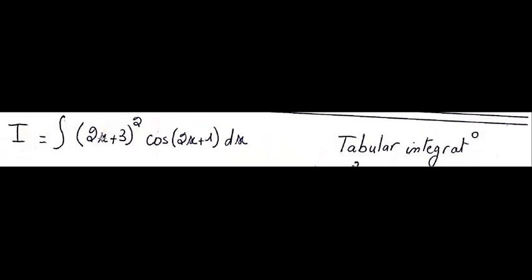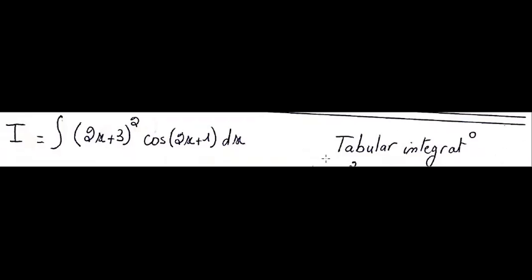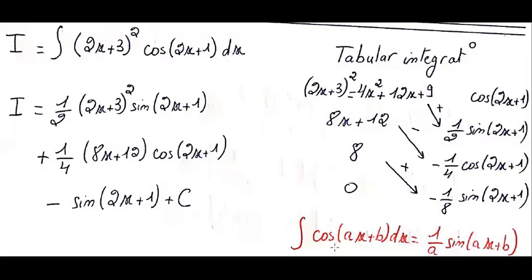So I have a polynomial of degree 2 here multiplied by cosine. So here we also use tabular integration because we have a polynomial which by successive differentiation will give me 0, and we have cosine which is easily integrable.